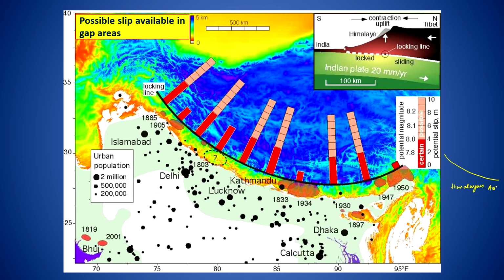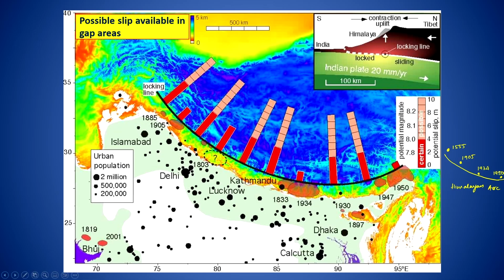Now, there was one earthquake over here, the Kashmir earthquake in 1555. Then another one was here, 1905 Kangra, and then another was 1934, and then over here somewhere at the top, the Assam earthquake of 1950.